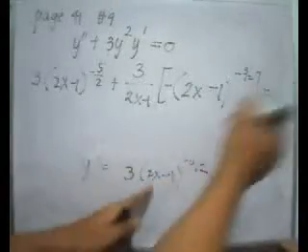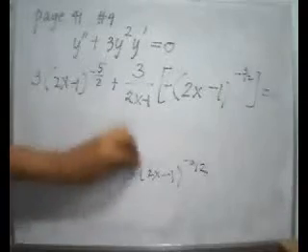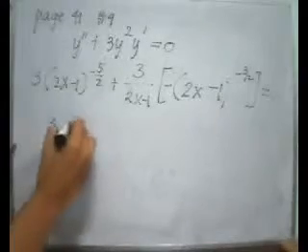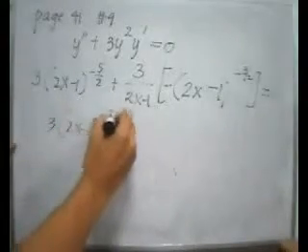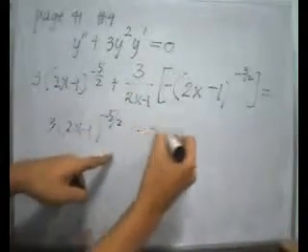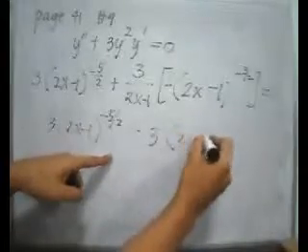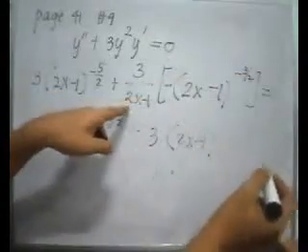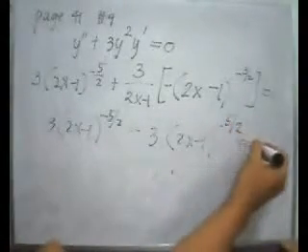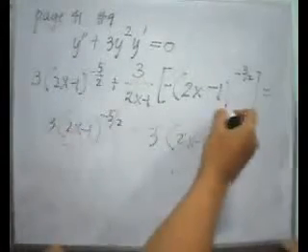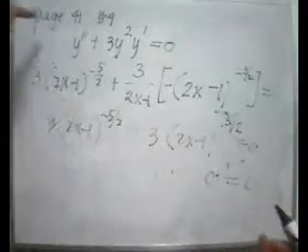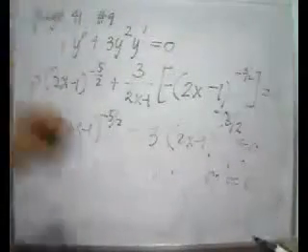Is that equal to 0? Well, if it's equal to 0, then our solution is right. We have 3 times 2x minus 1 to the negative 5 halves, and this one is just equal to minus 3 times 2x minus 1 to the negative 5 halves, so these all cancel out, and then 0 is equal to 0. Now we prove that our solution in number 9, page 41 is correct.